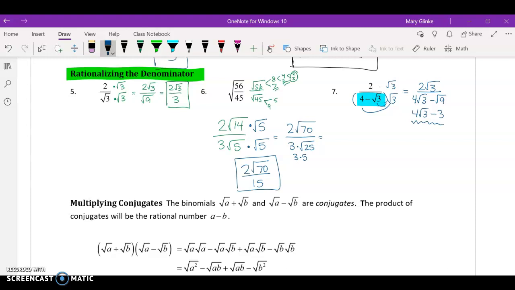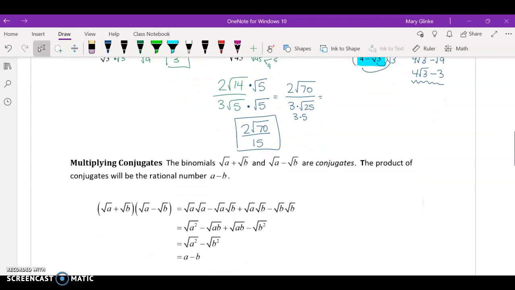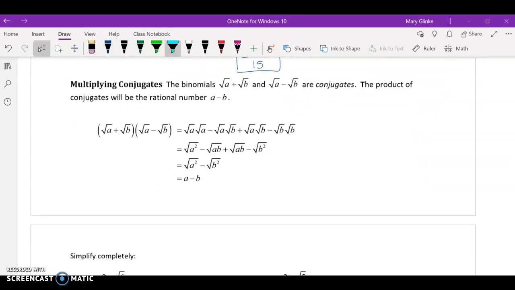And multiplying by root 3 now still isn't going to help because it's just going to seesaw back and forth where that radical is. So instead, we have to find a different way. And that's where the conjugate comes into play. So a conjugate is going to take a binomial, which is what number 7 had in the denominator.